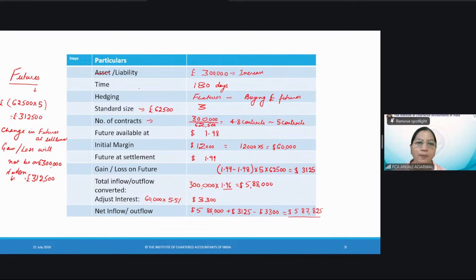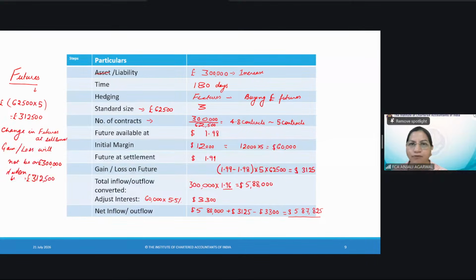So quickly, what will you do when you have a liability to settle? You will buy the pound future or the foreign currency futures. Futures always have a standard size, so you will have to find out how many contracts you have to take. You will round off the number of contracts.